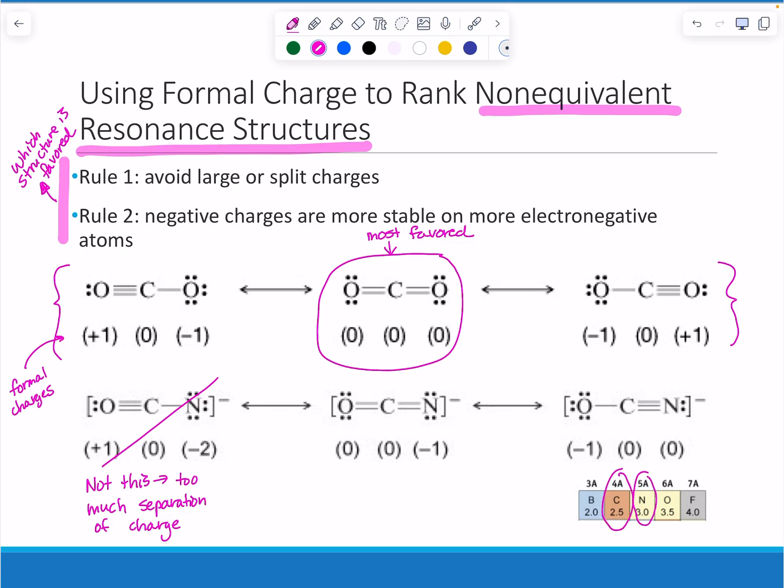The nitrogen has a higher electronegativity. It's more to the right, it's got a greater electron affinity, and it's got more protons in the nucleus, so electrons are going to be more attracted to it. So this one is going to be our favored structure, because the charge is on the more electronegative atom.